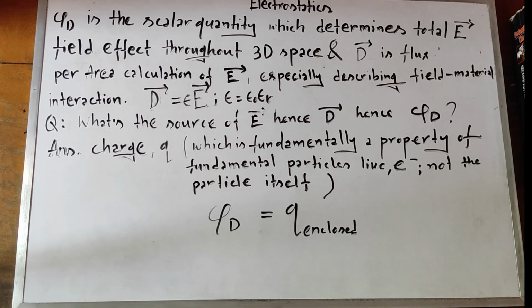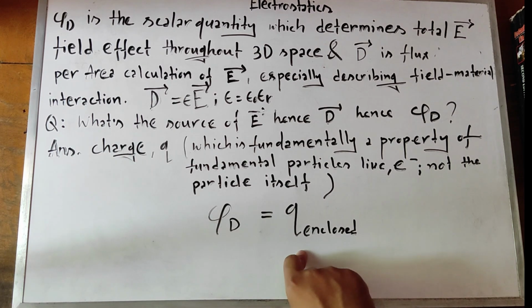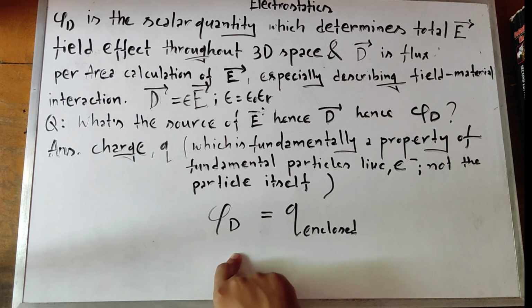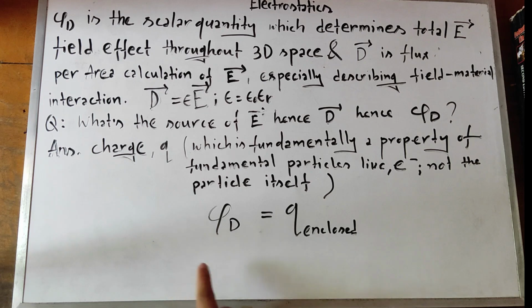So when we say that electric flux is equal to charge, we can replace the existing electric charge with the electric flux, the divergent or convergent electric flux, at a point.